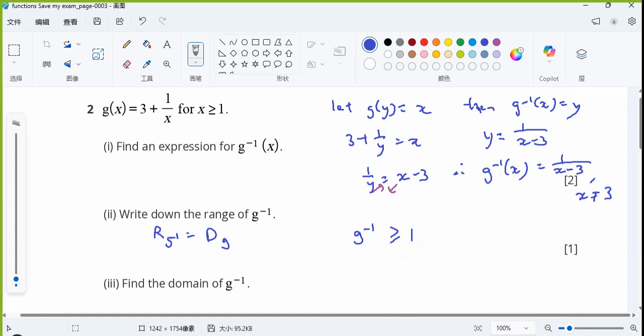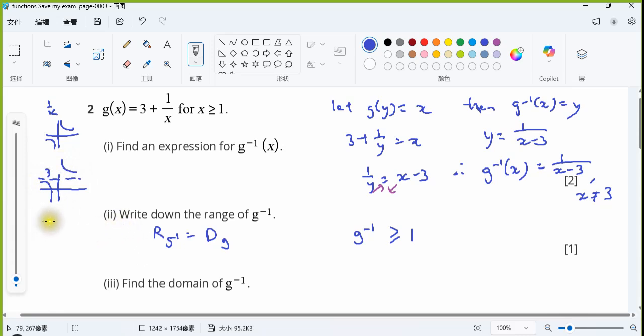And we want to find the domain for g inverse. For this one, we know that the graph of 1/x is like this. Then plus 3, we have 3 here, and it's like this.